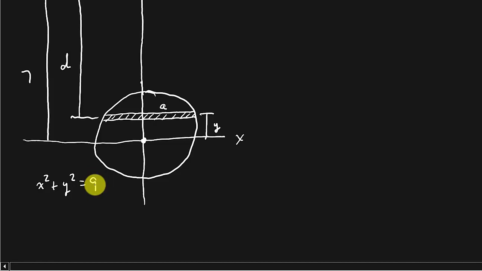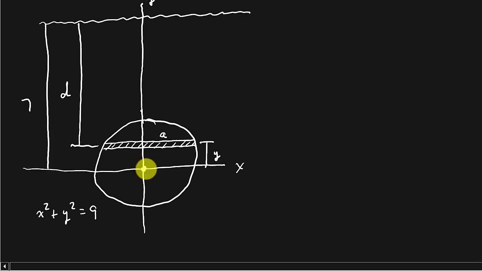So let's find the length of the strip. This right here is 3, and this distance here is y, see, we labeled it y over here. So this is just the Pythagorean theorem.